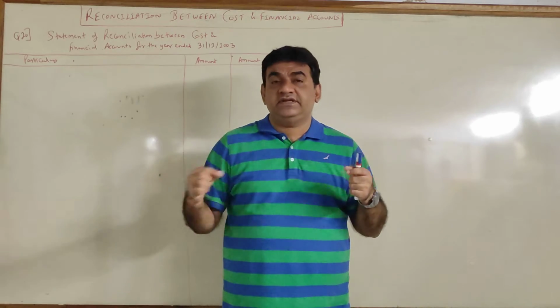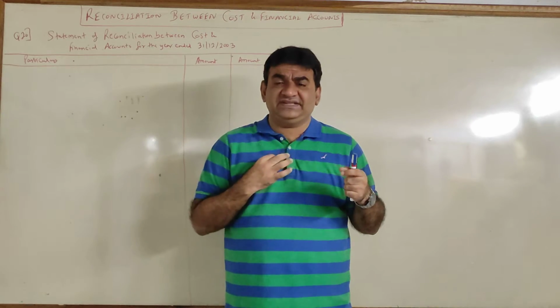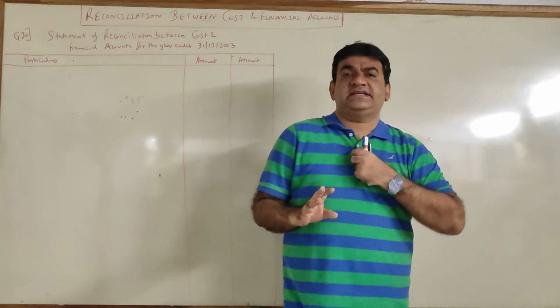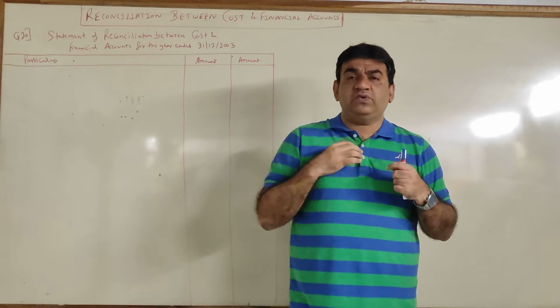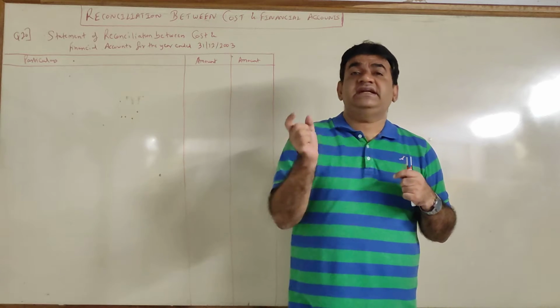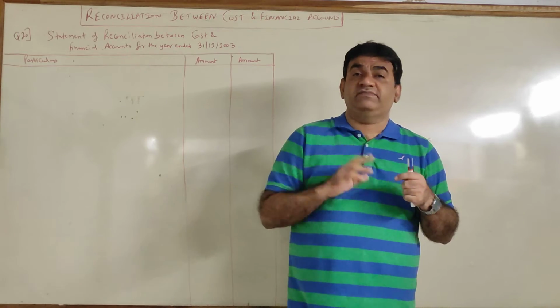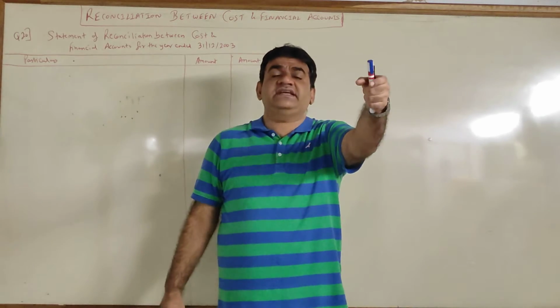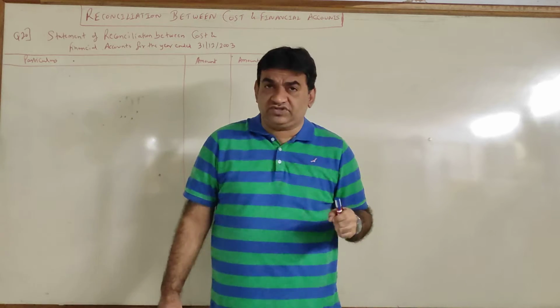Now what happens when you record a transaction? Let it be any transaction. Money comes in, money goes out, whatever is the nature of the transaction, whether it is directly or indirectly connected with business, each and everything is recorded in financial accounts.